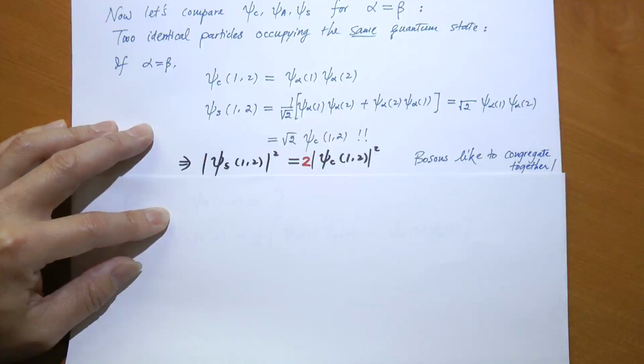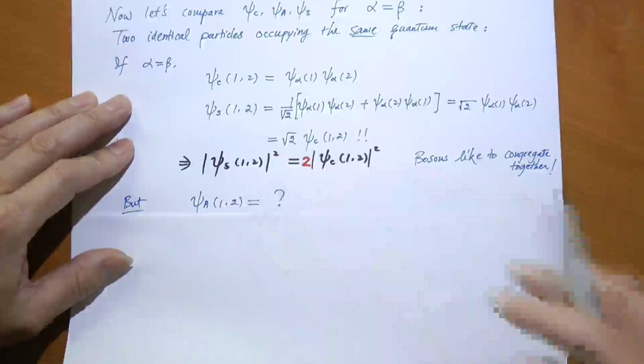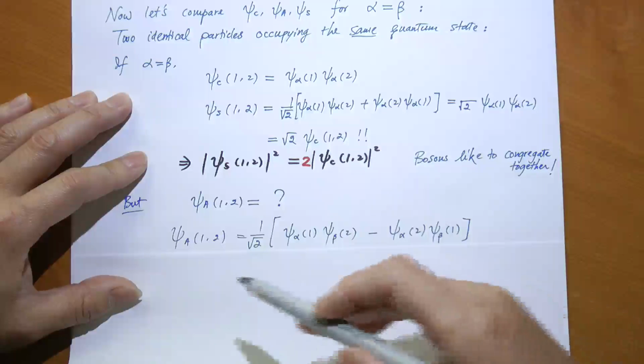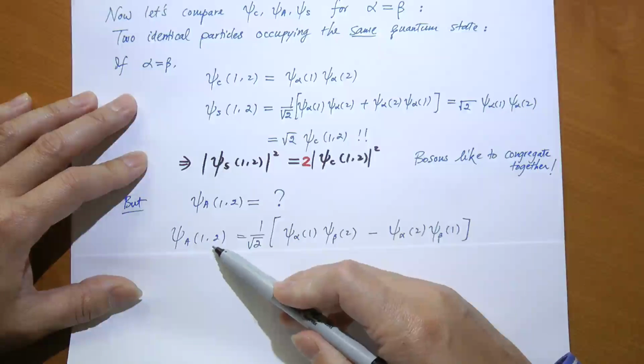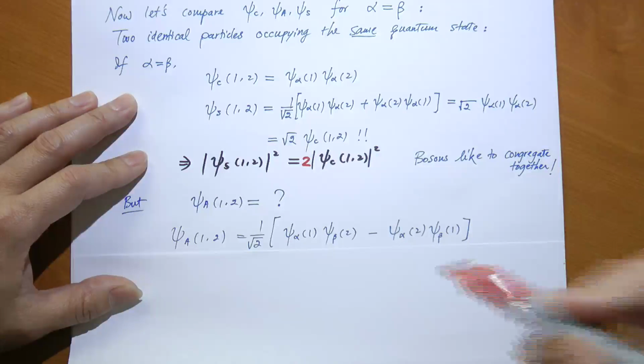Now, the more interesting case is for fermions. That's when the wave functions are anti-symmetrical. Remember, we have to get a negative sign upon exchange. So this is the most general case for the anti-symmetrical wave function. We already saw that before. But the difference here is that alpha and beta are the same.